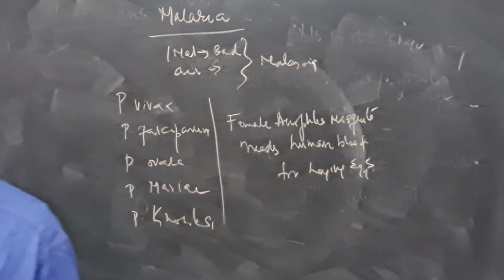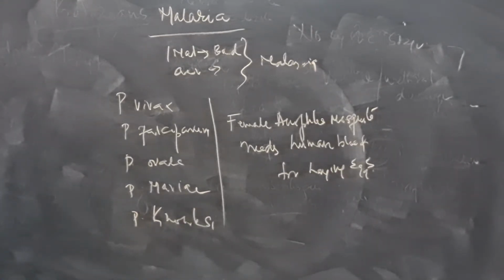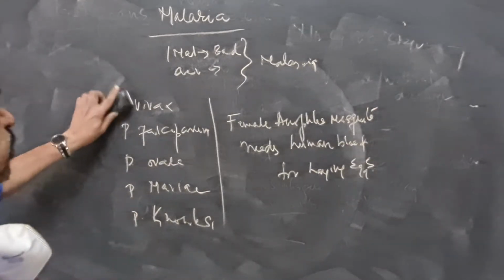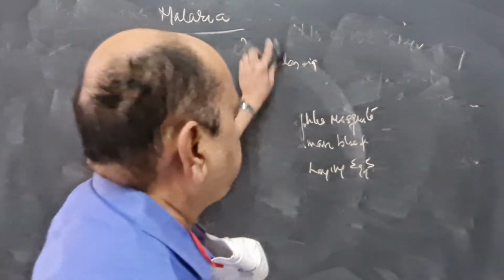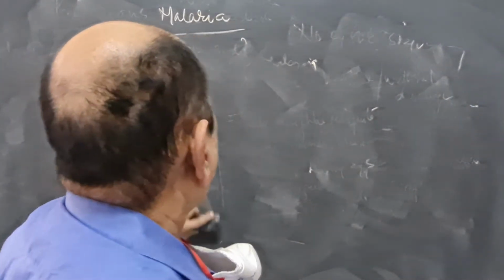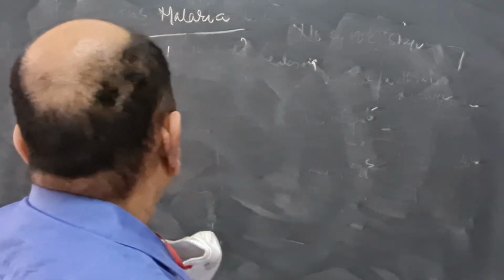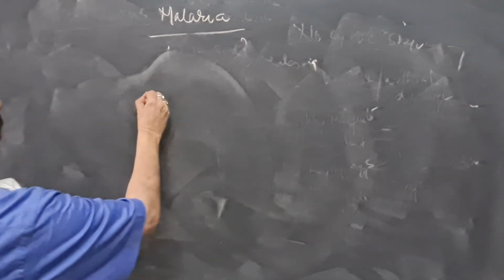So coming to the life cycle of the malarial parasite. Everybody repeat with me. I told you last time also. Last time it was a little complicated because we followed a lengthy approach. I'll make it a very simple life cycle. So repeat with me whatever I say.